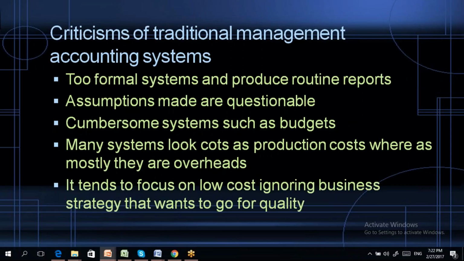So last time in the strategic case study, it was about a reality TV production company. In this case study, they had a big overhead cost, so we had to be careful. And generally, it tends to focus on low cost, ignoring business strategy that wants to go for quality.